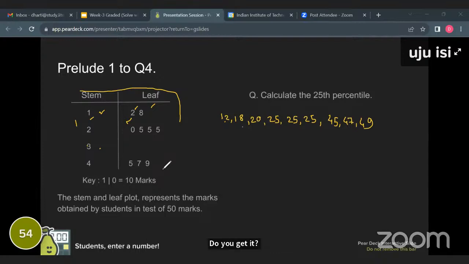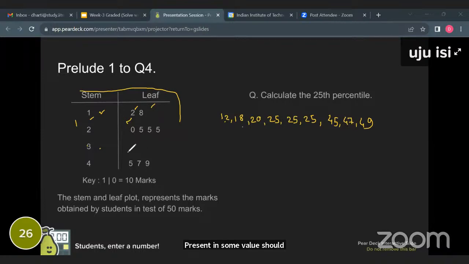Ma'am, if the leaf is there, like 3 is there, and the stem is not there, then can we write it like 0, 3? Yes. Here 3 means only 3. No, if 3 is in the stem, then some value should be present in the leaf.